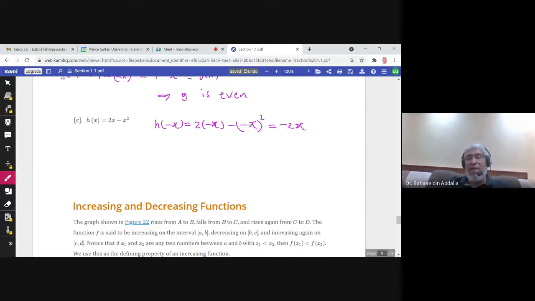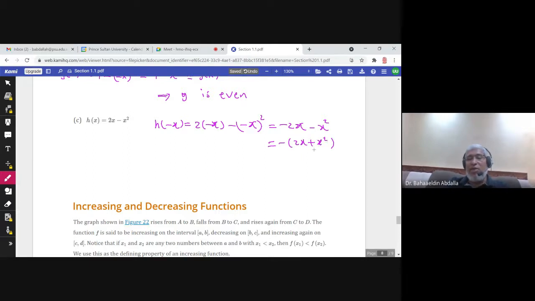And the minus sign will be positive because it's negative 1 to the power 2. So I have x squared, and this minus remains there. So negative 2x minus x squared. Well, if you take minus as a common factor, it would be minus the quantity 2x plus x squared.